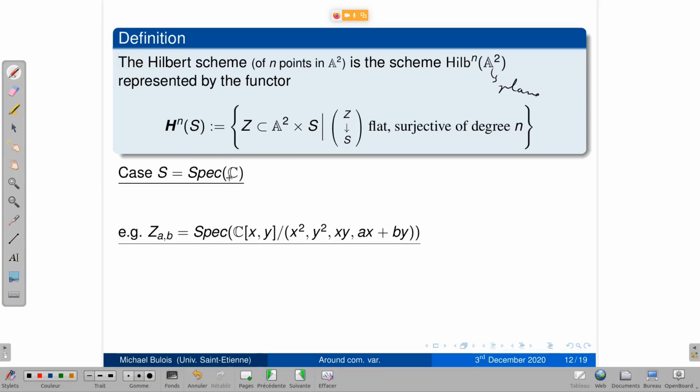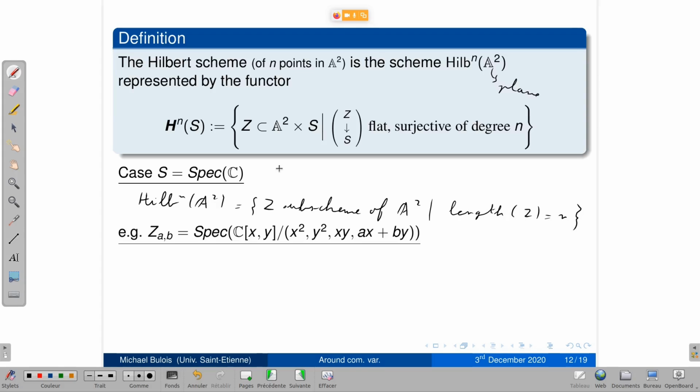So if you take S, which is spec of C, then this Hilbert scheme is just the set of subschemes of A2 with the length of the subscheme Z equal to n.